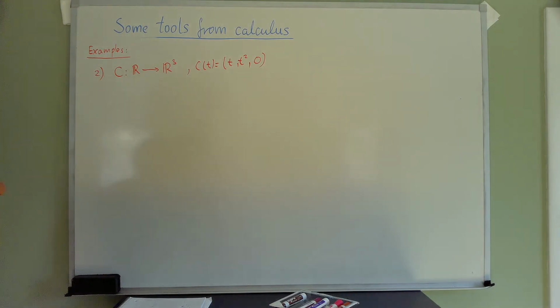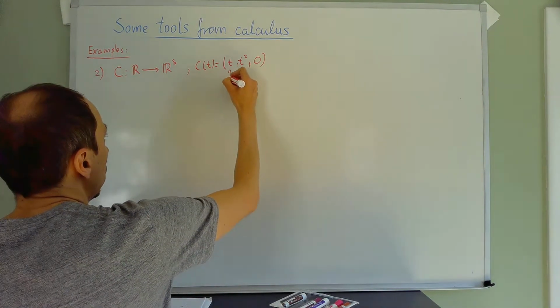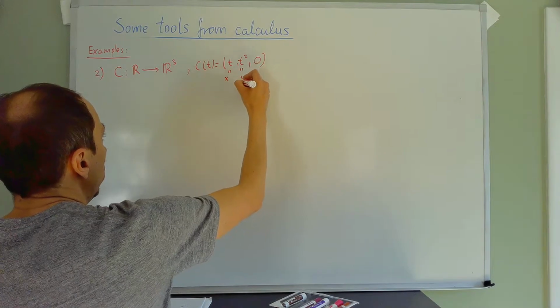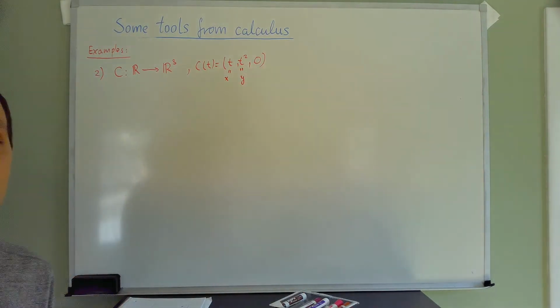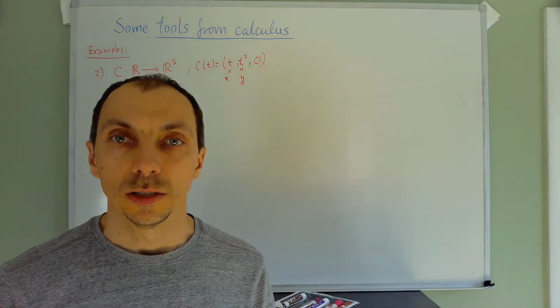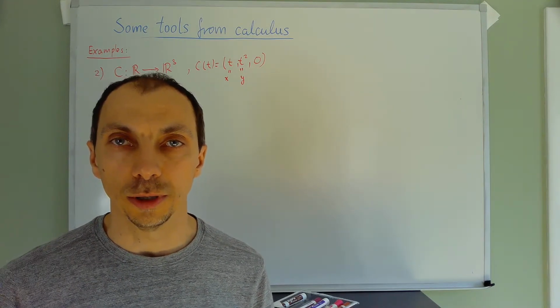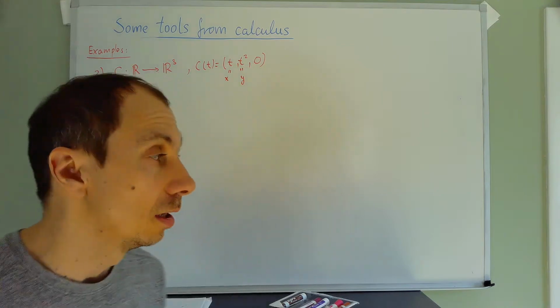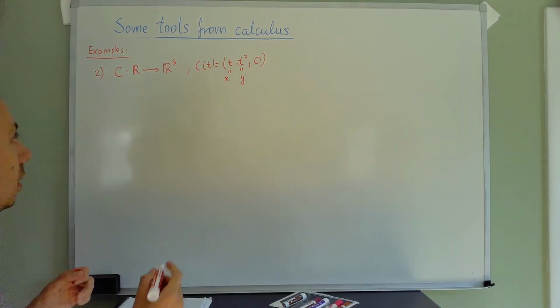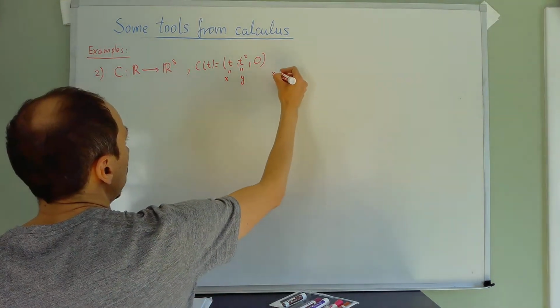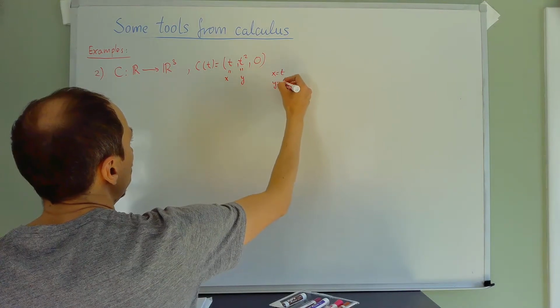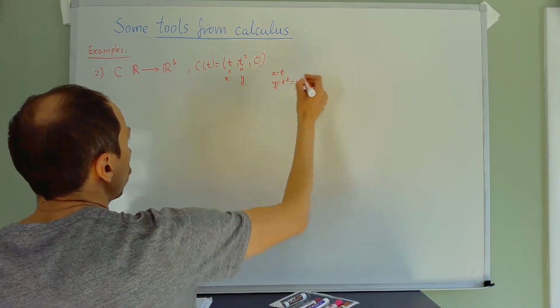If I want to think about what it means in the x, y, z coordinates, you see that the z coordinate stays 0 all the time. So that means the image of this function, the curve, is completely contained in the xy plane. And since x is equal to t and y is equal to t squared, we get that y is equal to x squared.